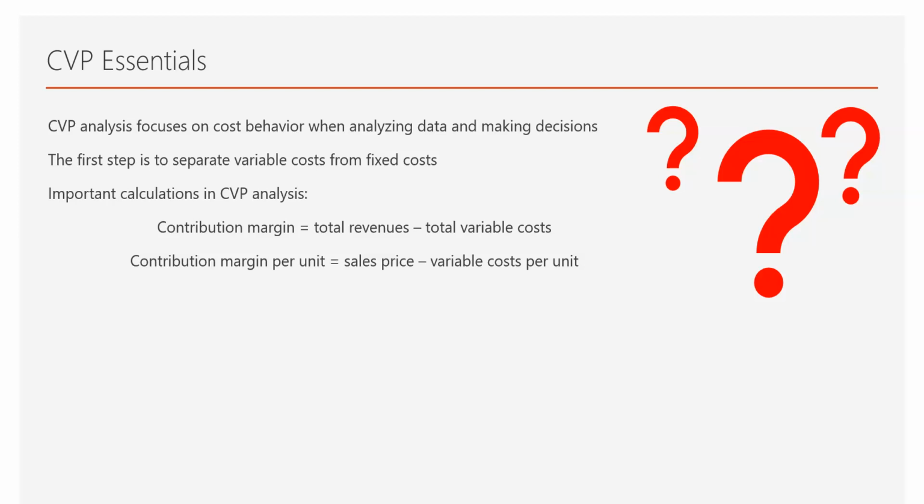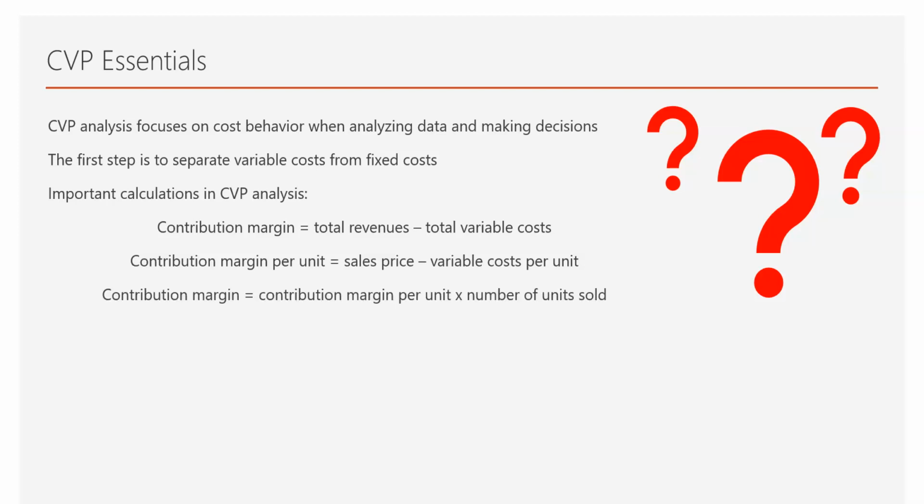My contribution margin per unit is simply my sales price per unit minus my variable cost per unit. Let's say my sales price is $5 and my variable cost per unit is $3, then my contribution margin per unit is $2.